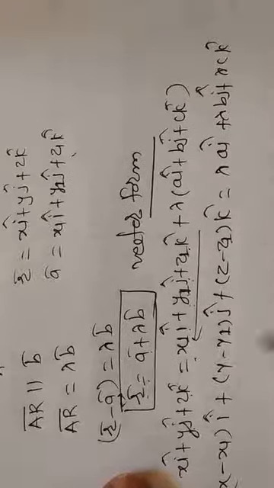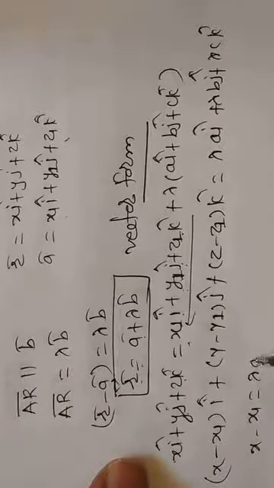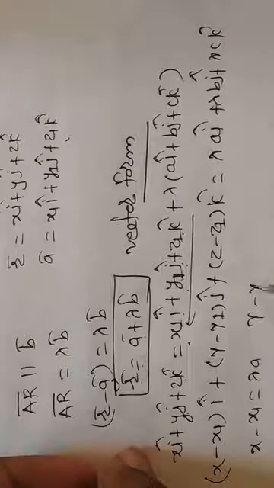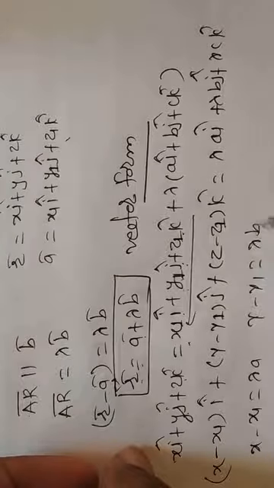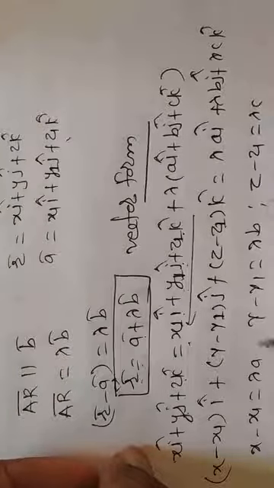Now comparing, x minus x1 is equal to lambda a, y minus y1 is equal to lambda b, and z minus z1 is equal to lambda c.